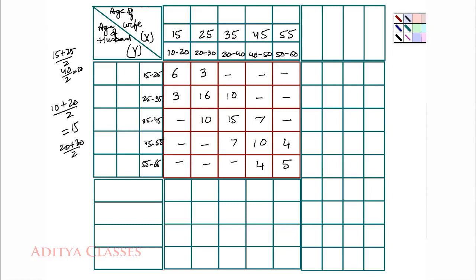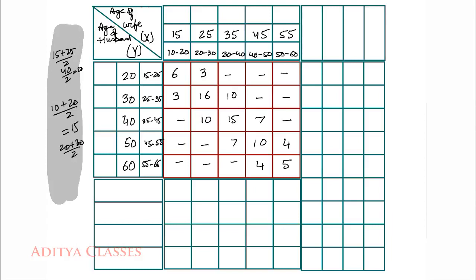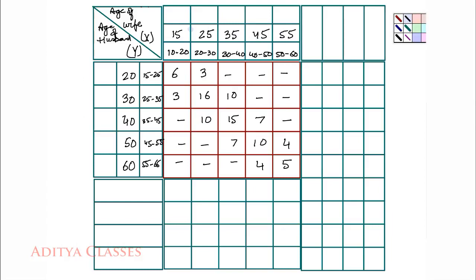So here we have our mid values. Now if we have a look at these mid values, these values are very big, and when we try to solve them, they will become much bigger because we'll be multiplying 60 with 55 with 5, so it will be a very big proposition.